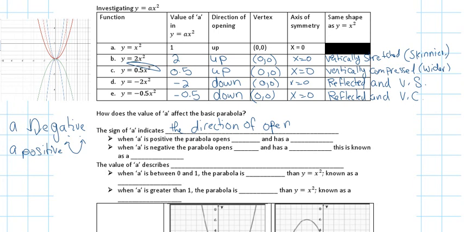When A is positive, the parabola opens up, and when it opens up, it has a minimum or max? Minimum. Right? Up, min. When A is negative, the parabola opens down and has a max. This is known as a reflection.